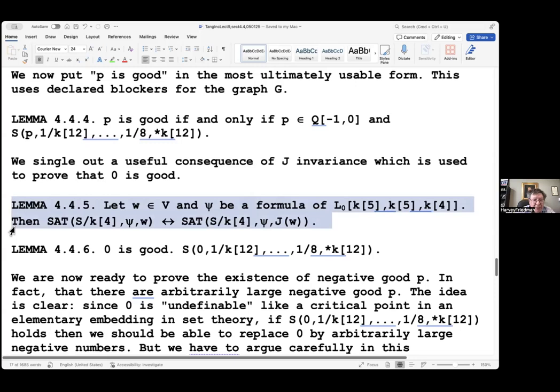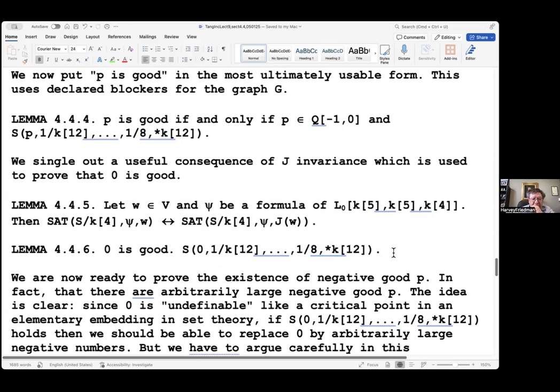Okay. So zero is obviously good, because S of zero, S of these things at K12 is true.